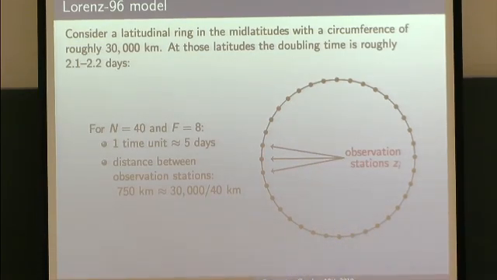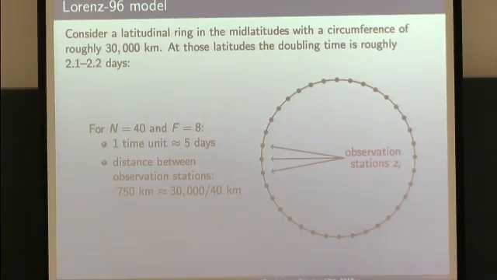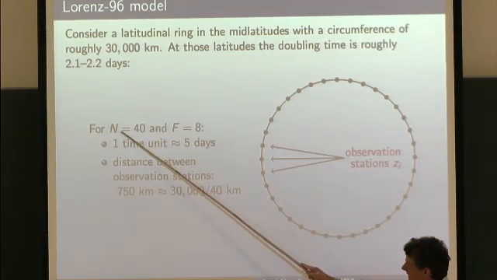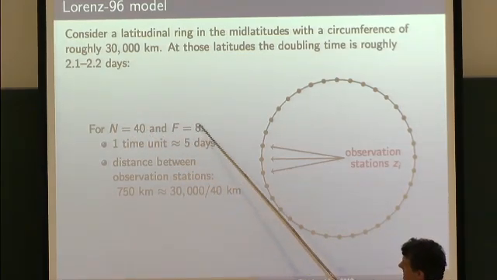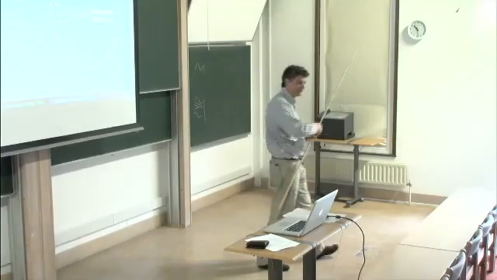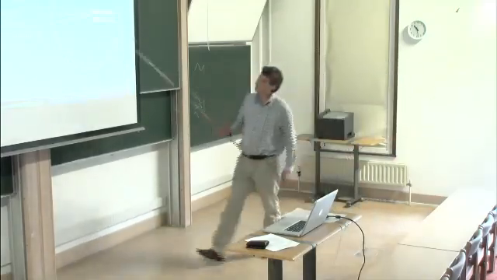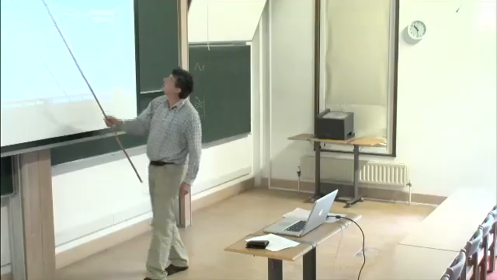So it is of the order of the Rossby radius of deformation. Then he looked at the time scales of the system, the e-folding time. Lorenz said that if we have 40 variables and we choose F equal to 8, then one time unit is roughly 5 days, so that 1 over the Lyapunov exponent corresponds to the doubling time here.